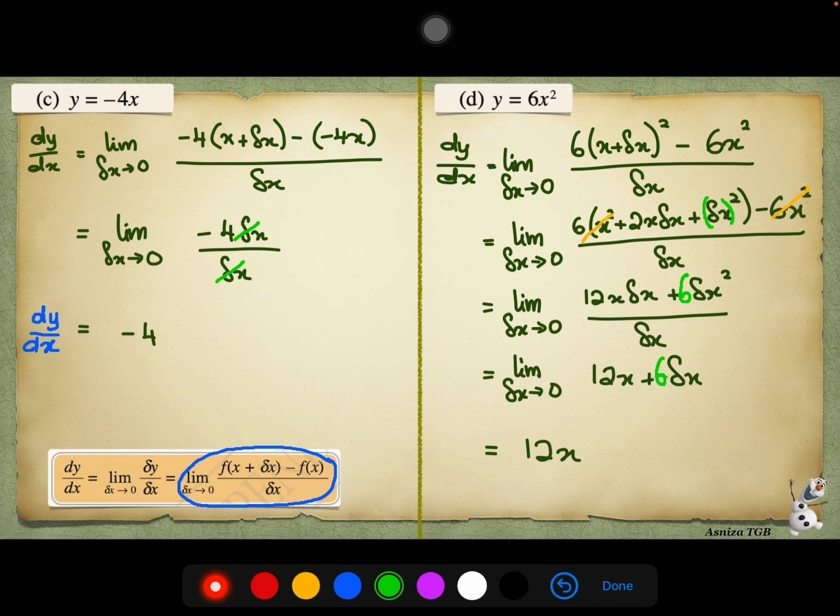Okay, so simplify. We can simplify delta x with delta x. When we substitute delta x with 0, the term 6 times delta x becomes 0. So our answer is 12x.